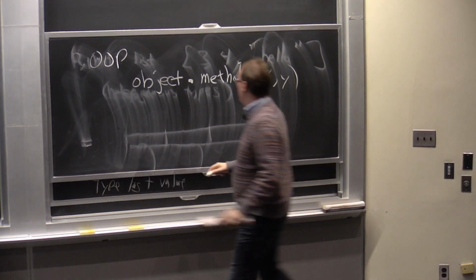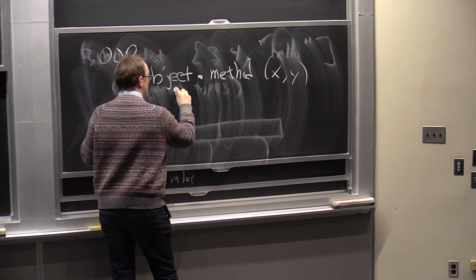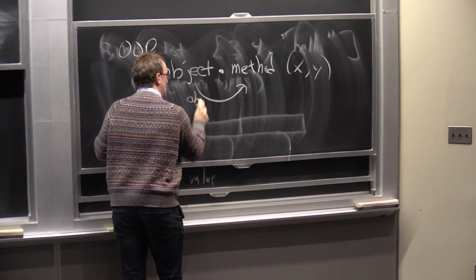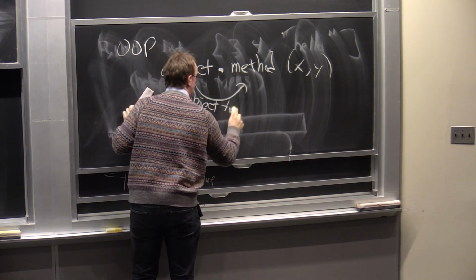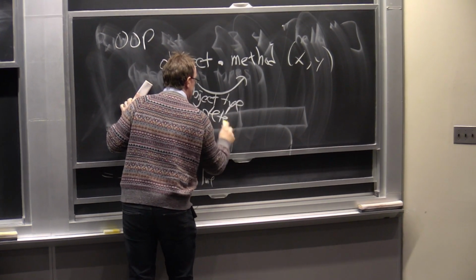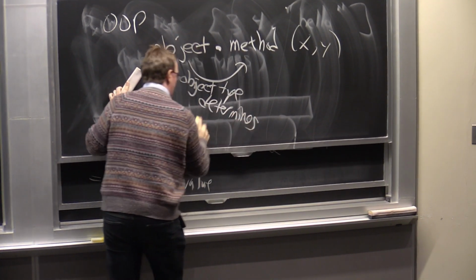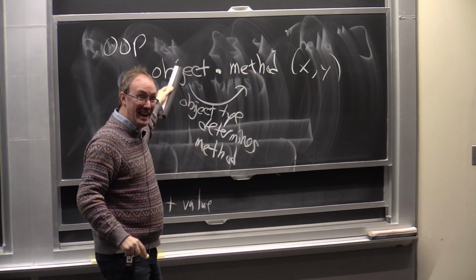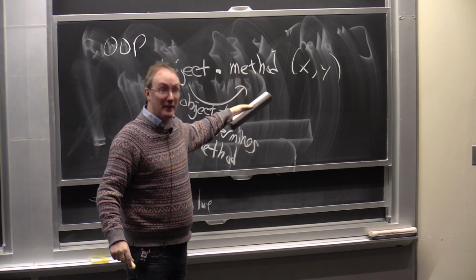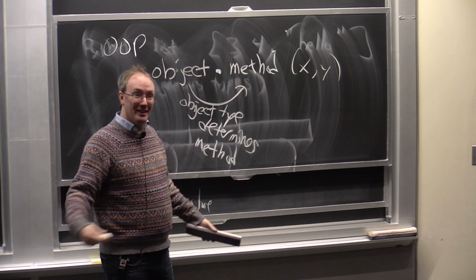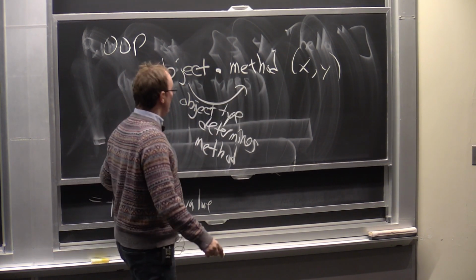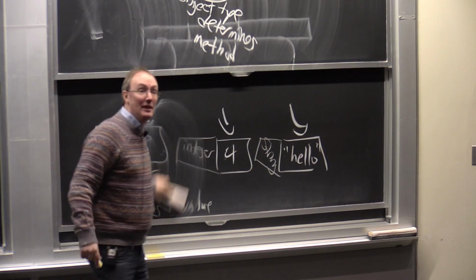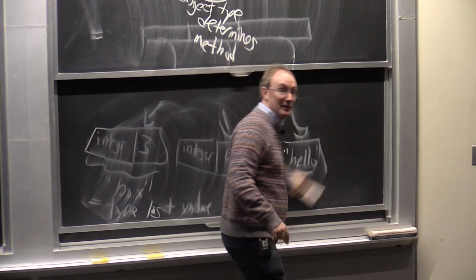And what it does is this type, the object type, determines the method, right? So you could have a method called plus, but I would actually call a different plus function for a complex number or a real number or something like that, or a method called length, which for a Python list would call a different function than for a NumPy array, right?